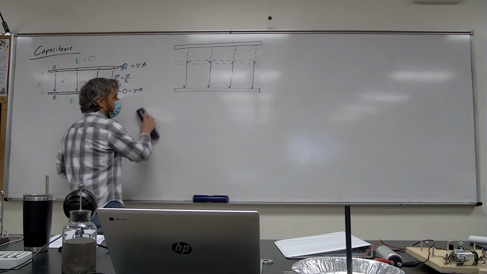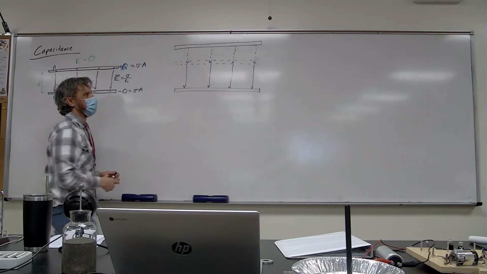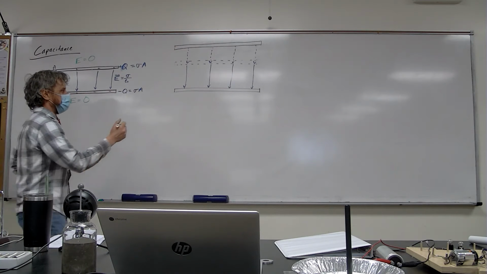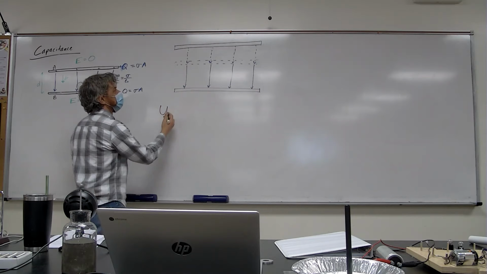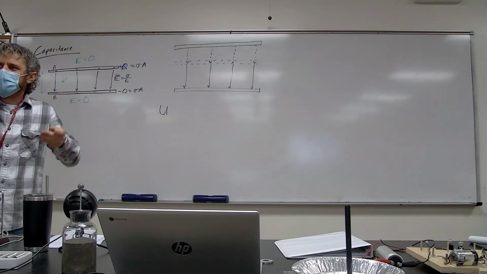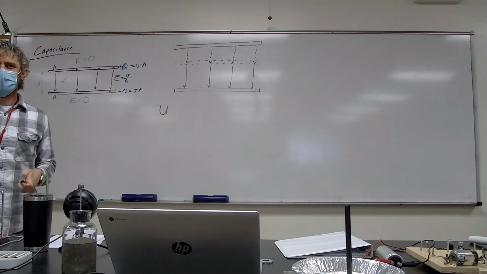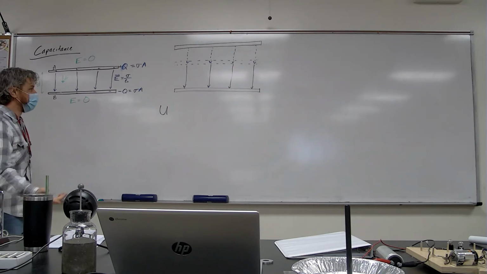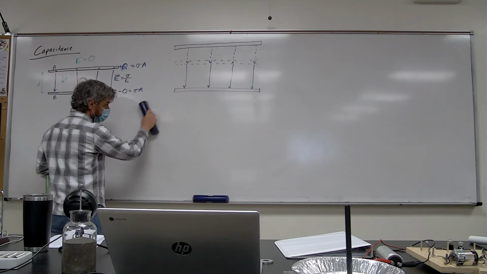But when Connor's doing the work in separating these plates, he's storing electrical energy in the system. And it is electrical potential energy, right? Because you can think, if this system was free to move, if he pulls it up and then lets it go, it's just going to move right back because of the Coulomb force. Just like when you lift an object and let go of it, it just goes right back down because of the gravitational force.